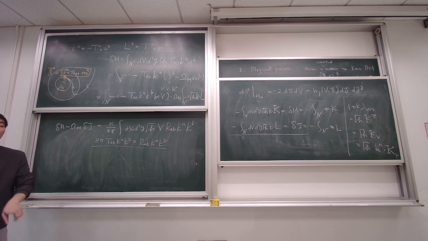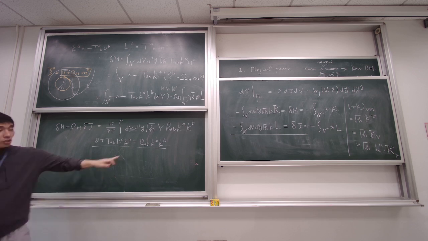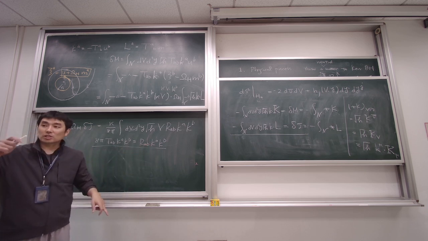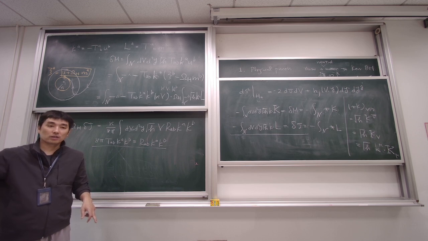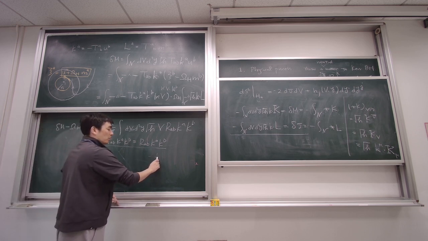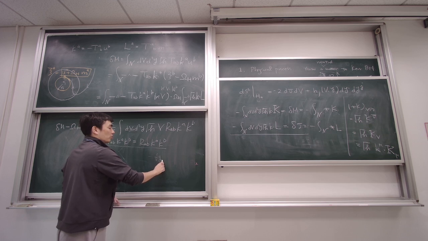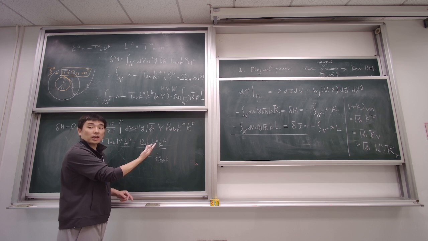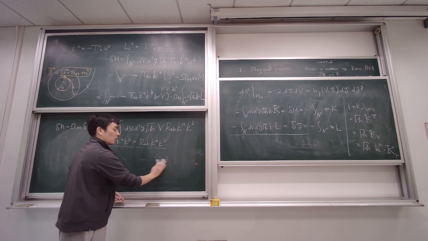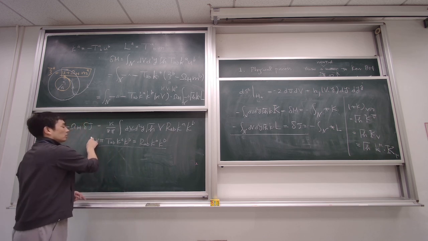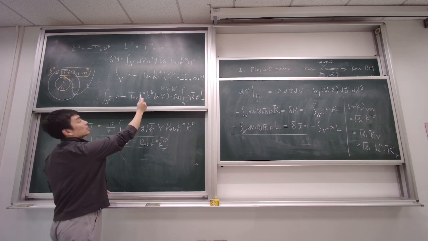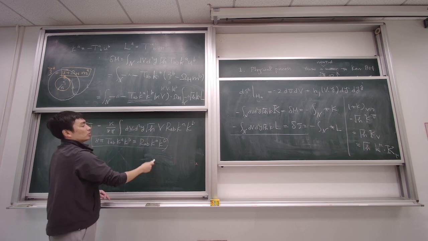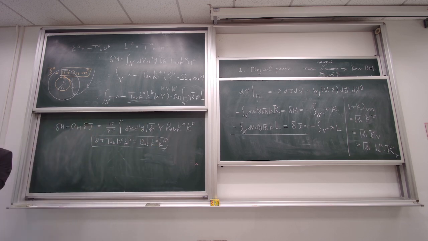Since k is the null vector, we can ignore the g_AB R part. The Einstein equation has the g_AB R part, but if you contract with k, since k is null, this is gone. Okay, so therefore we can use this Einstein equation and plug into here, you get this one.